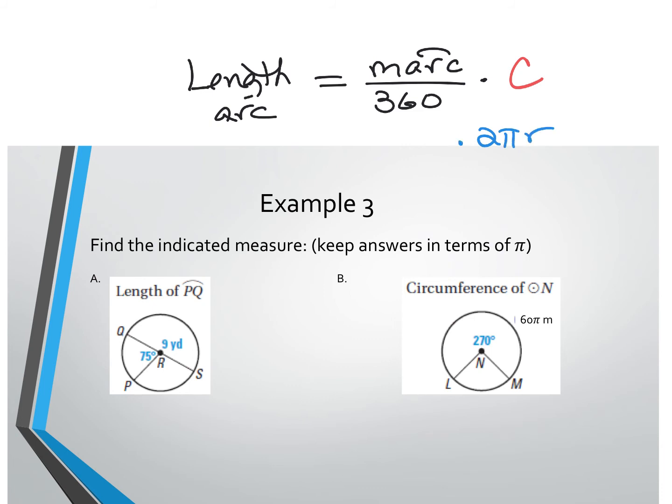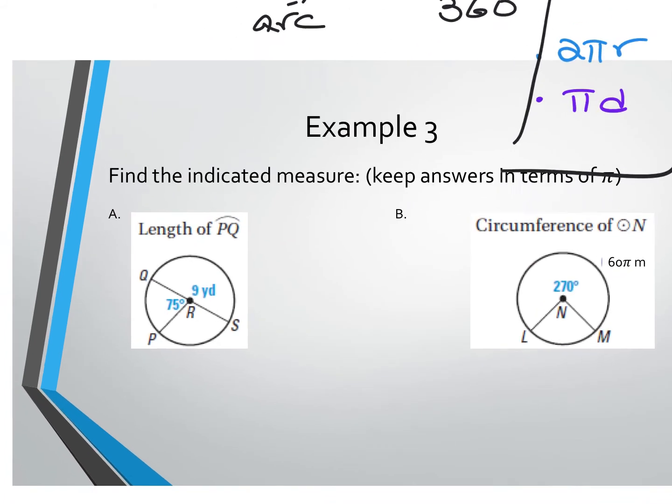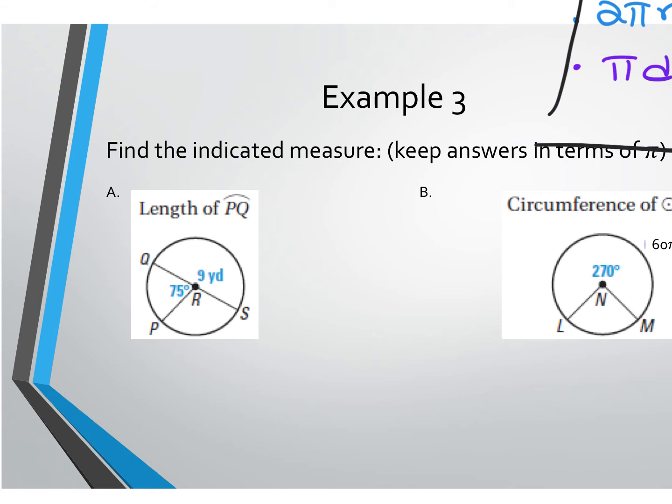Or if they give you the diameter, you're going to multiply it by pi d. So this is what will change depending on your given. So for this first one, notice what was given to me is the diameter.